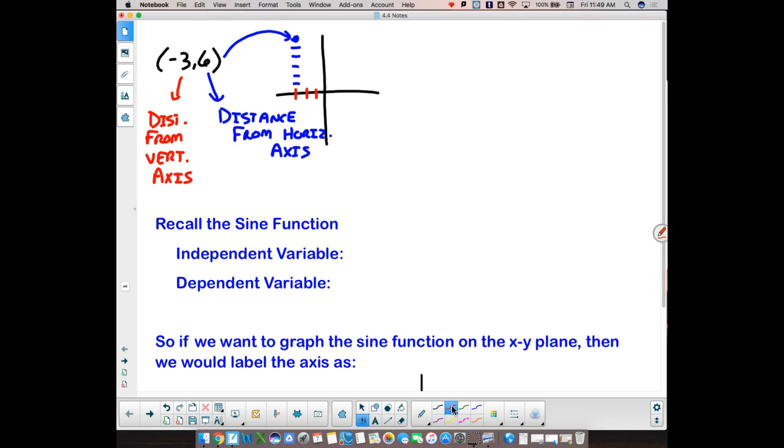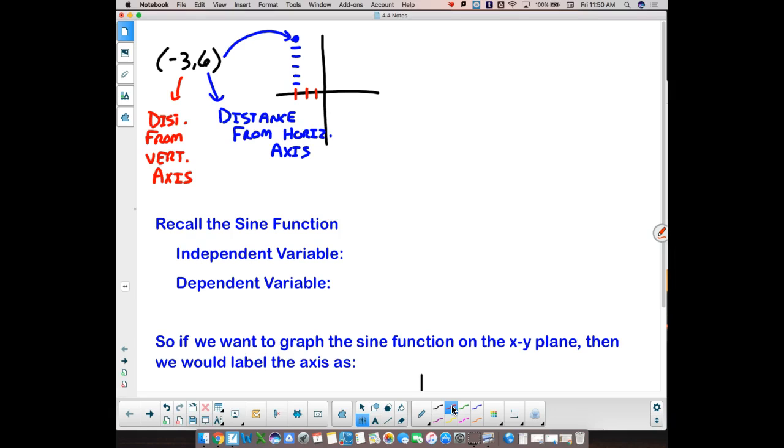That's a little background check for us. Critical math thinking was what that was. Being able to take a problem and see, yeah, it means x and y, but really that's the distance above an axis and the distance left of an axis. All right? So, now, let's talk trig.